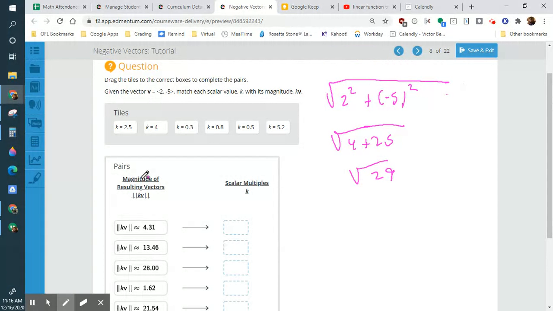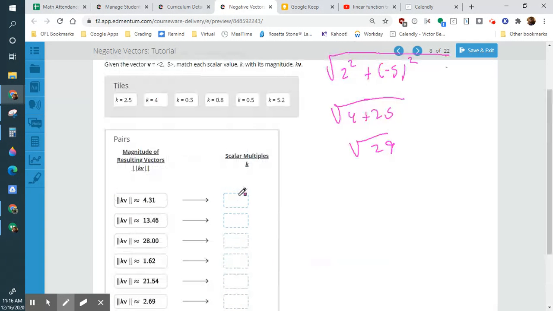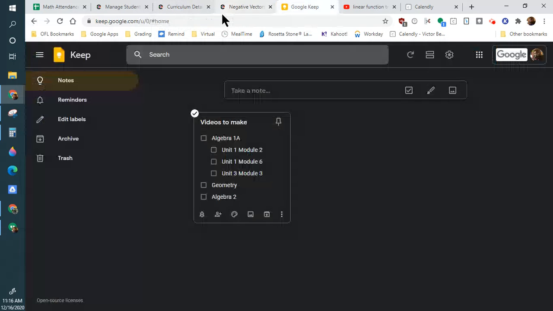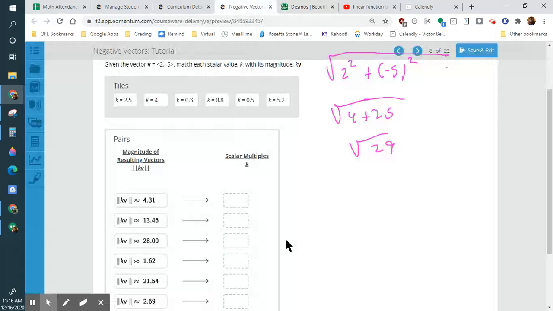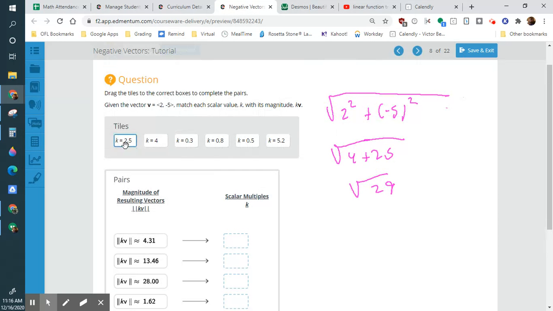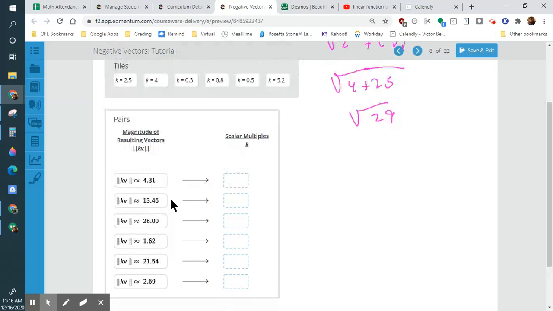All right, so k multiplies. Oh, they actually want us to do all of them. All right, so I use Desmos for my scientific calculator, because I did not realize that they actually want us to do it. So this is vector v, and we're just going to multiply all of these by it and get our answers.